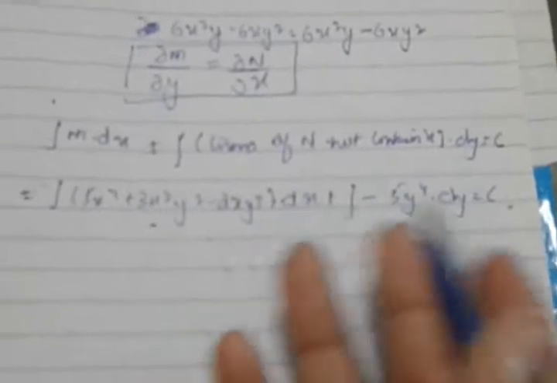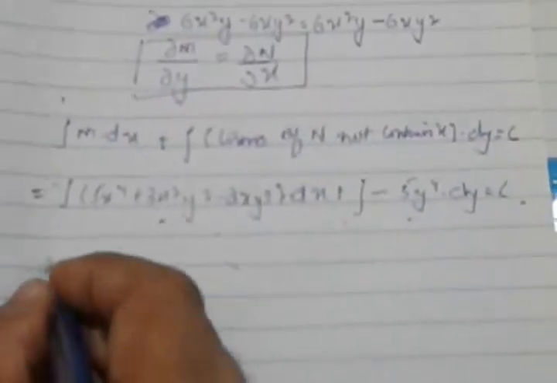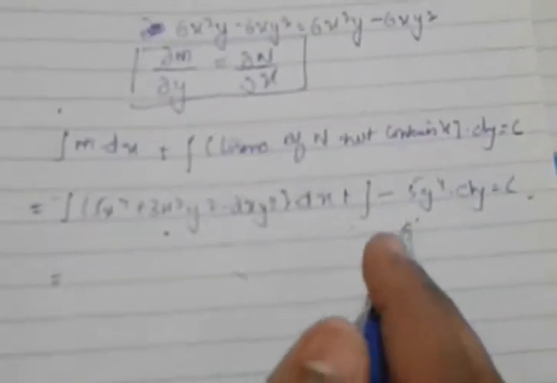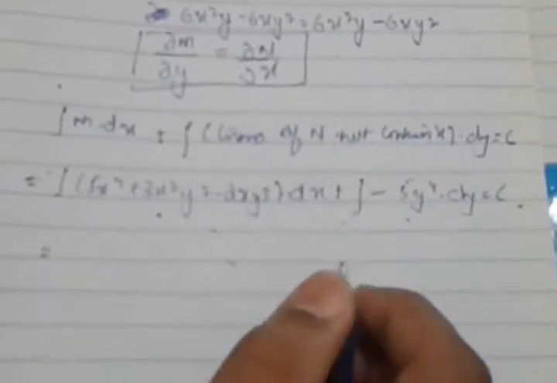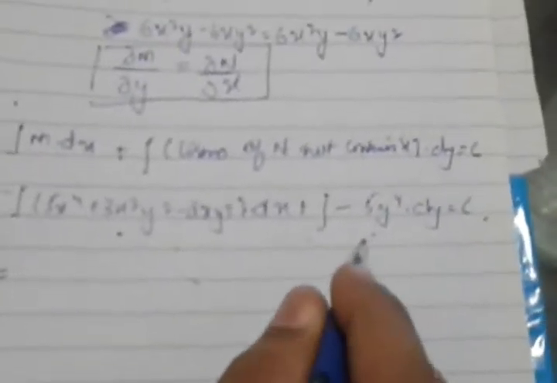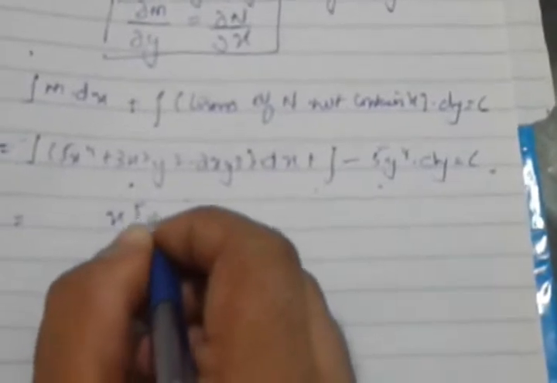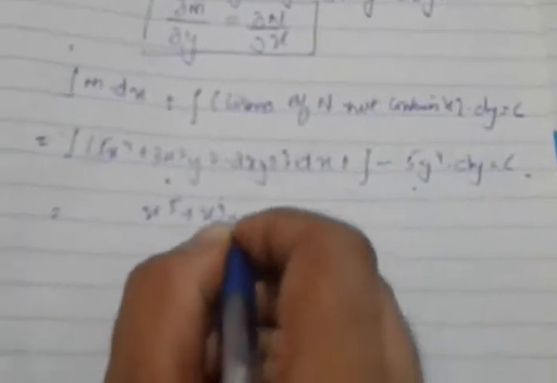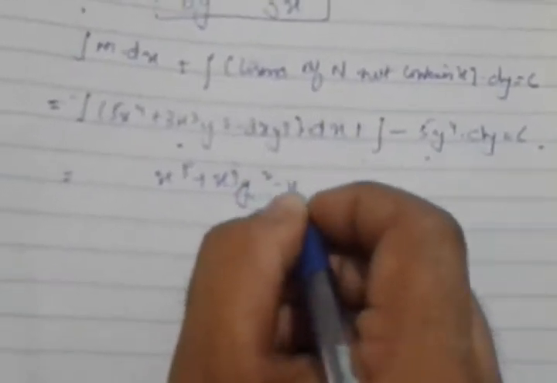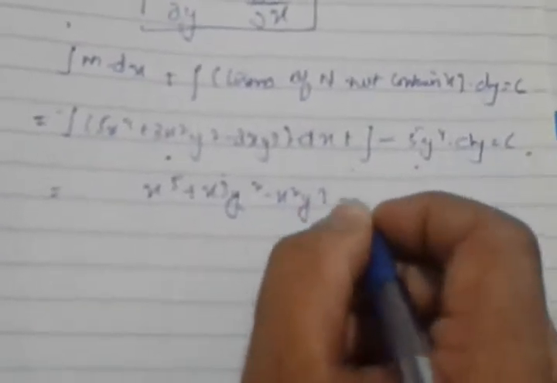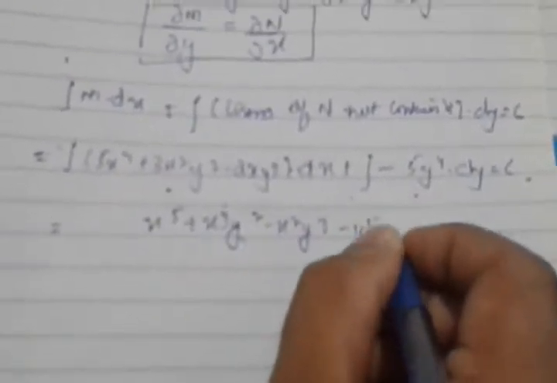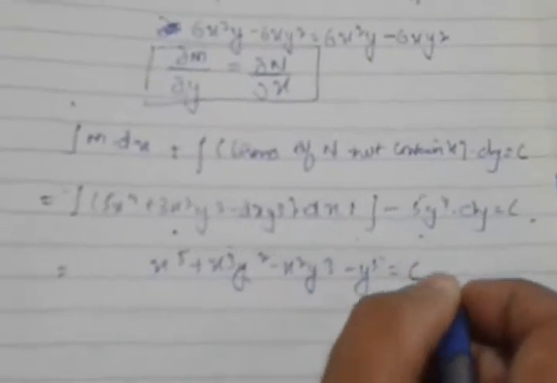Now after performing integration on both these things, and once again you know how to integrate, it is a basic requirement to solve differential equations, and you have studied integration earlier. So after solving these things you will get the answer x^5 + x^3y^2 - x^2y^3 - y^5 = c.